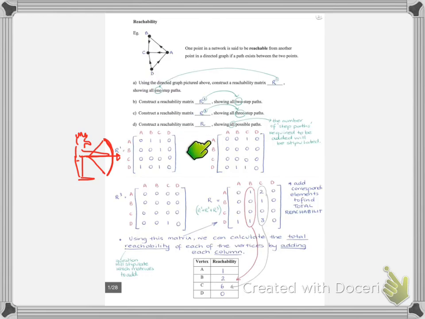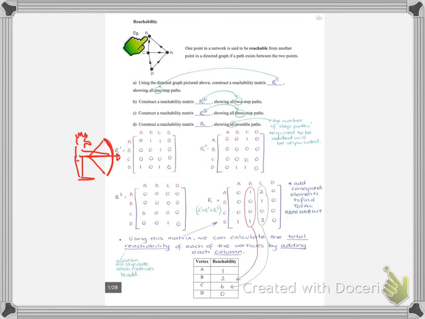Now the other 2-step reachability we see here is that B can be reached from D. So D reaches out towards B as a two-step reachability, and there's one way of doing it. That's why there's a 1 in here. So let's look at that one. B is reached from D in 2 steps. We go up here.